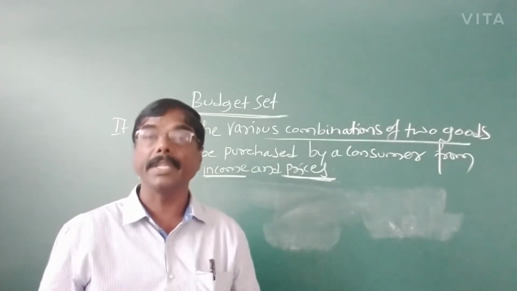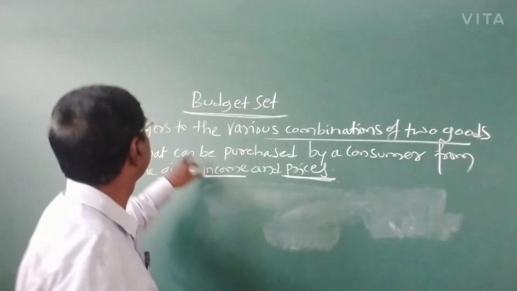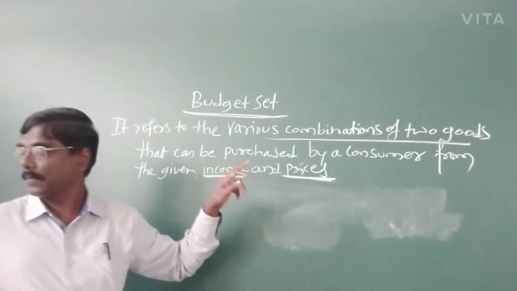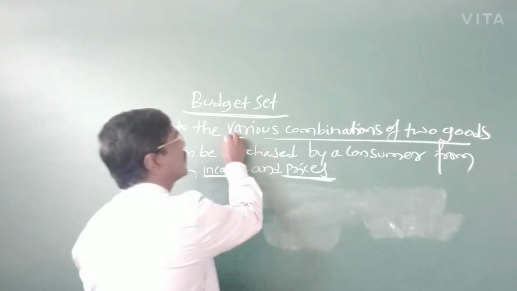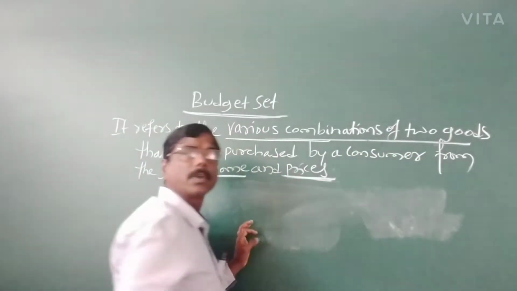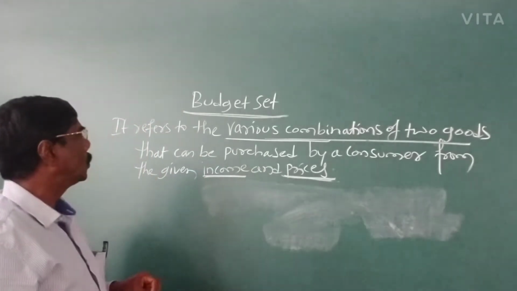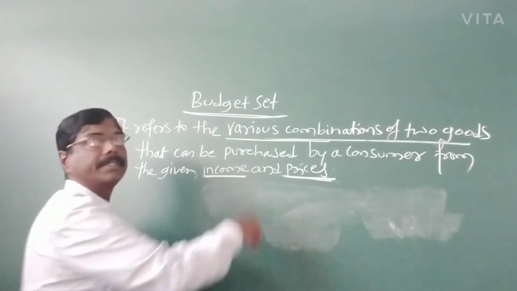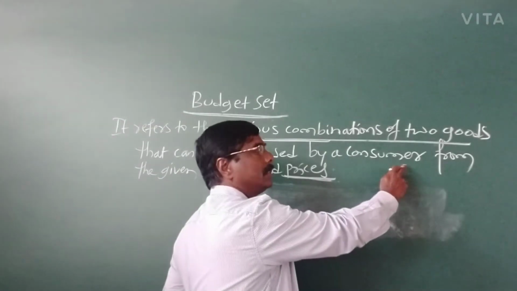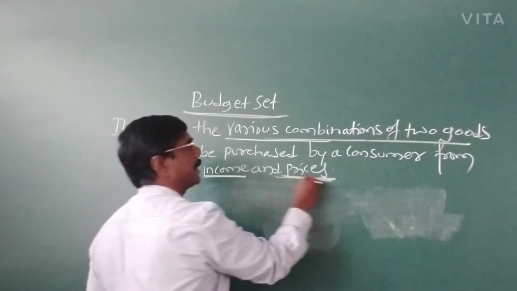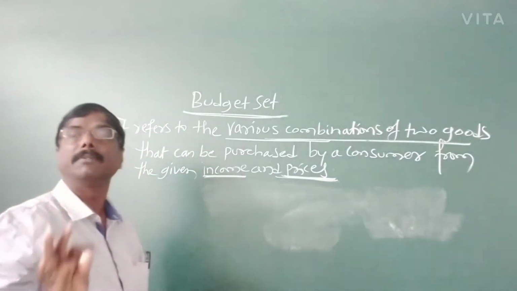In other words, budget set refers to the various combinations of two goods that can be purchased by the consumer from the given income and prices. It is simple.